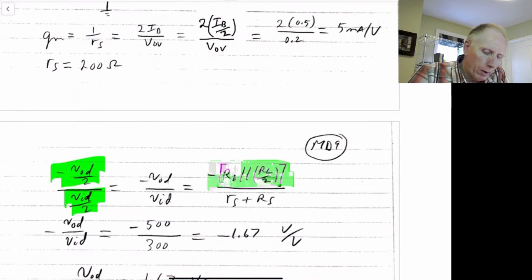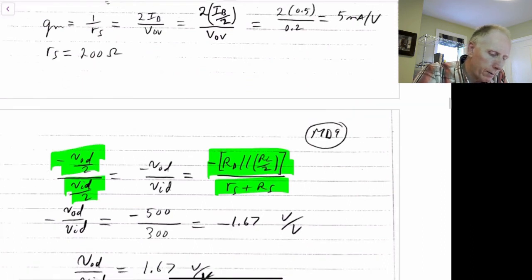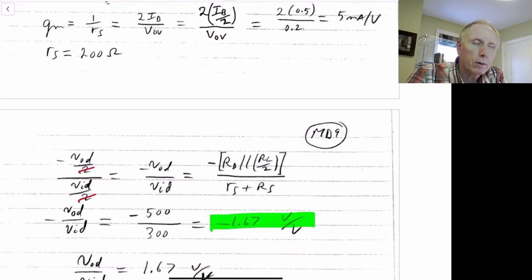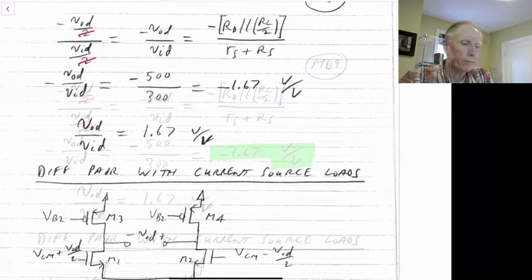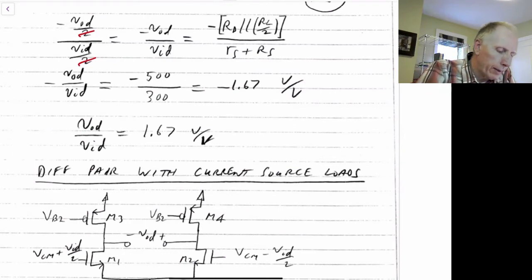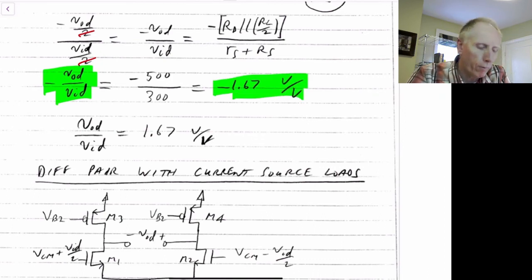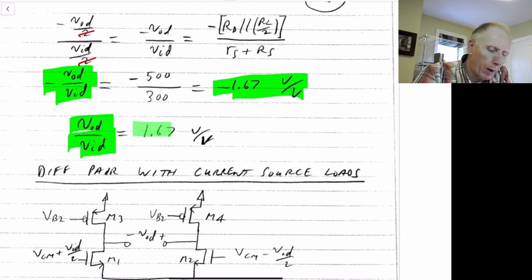So the overall gain for this, the 2 in this case will cancel out. So the overall gain for this becomes minus 1.67 volts per volt. So I meant to say that the negative V out over VID is equal to minus 1.67 volts per volt. So the actual VOD over VID is just given by positive 1.67 volts per volt in this case.